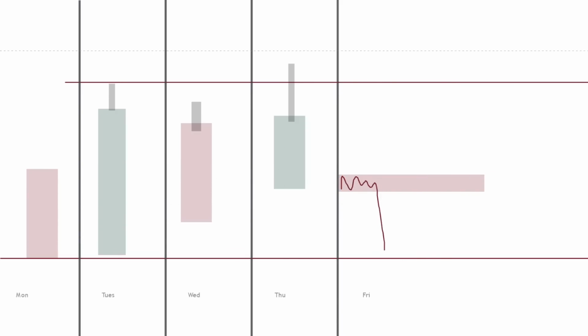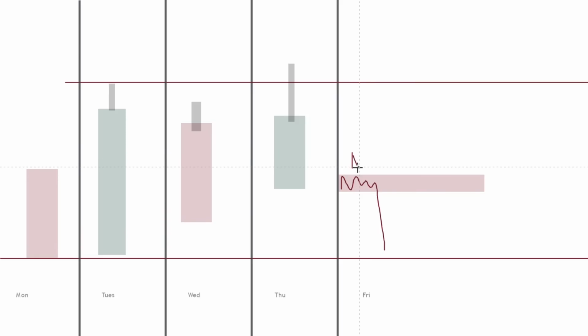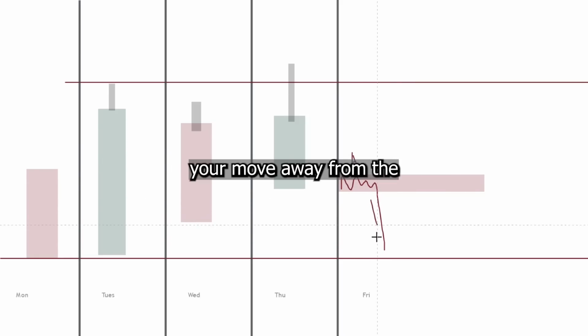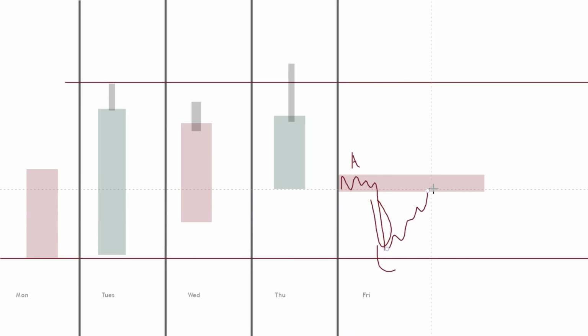So what happens is a lot of times, again, not every time, but a lot of times, your base occurs during Asia. Your move away from the base happens during London. And during New York, you're waiting for a pullback to this area to take a rejection from here, to take a trade to the nearest swing point.